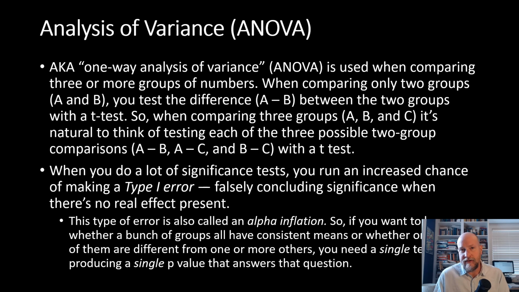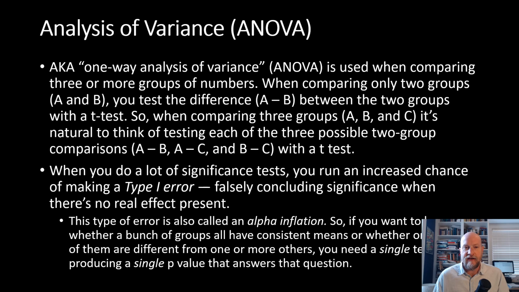The problem is that when you run multiple significance tests, you are accumulating the chance of making a type 1 error, of essentially having a false positive. Remember, a type 1 error is when you falsely conclude there's significance when there's no real effect present. It's when you incorrectly reject the null hypothesis, the hypothesis that there's no relationship between the variables. This is called alpha inflation, and it's a concern when you're running t-tests.